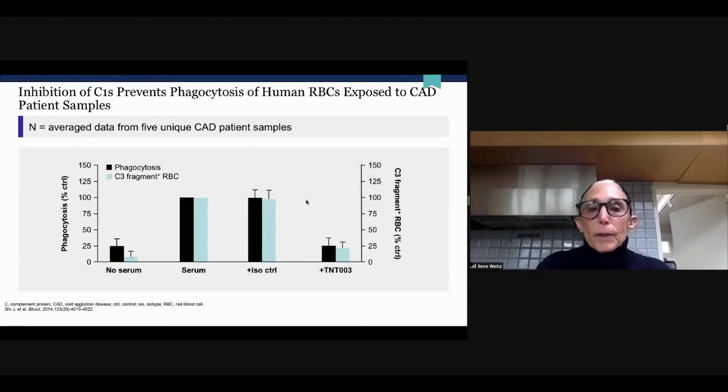And again, here you could see, if you look at phagocytosis of human red cells, here's the precursor, and here are the patients who have cold agglutinin disease, and you could see a marked reduction in C3 deposition and phagocytosis.